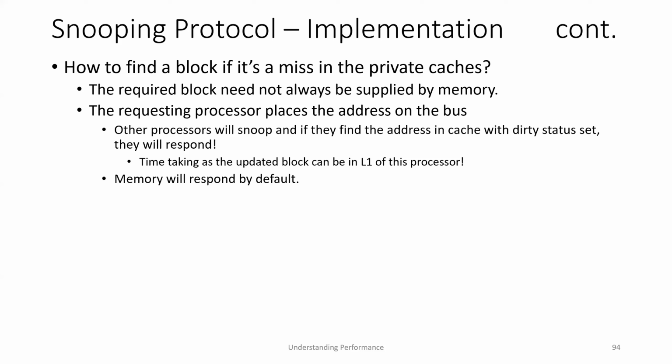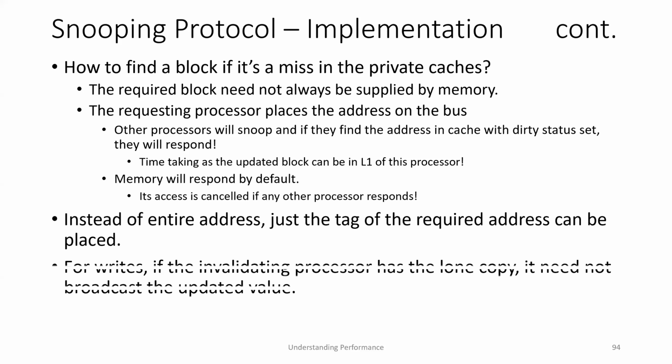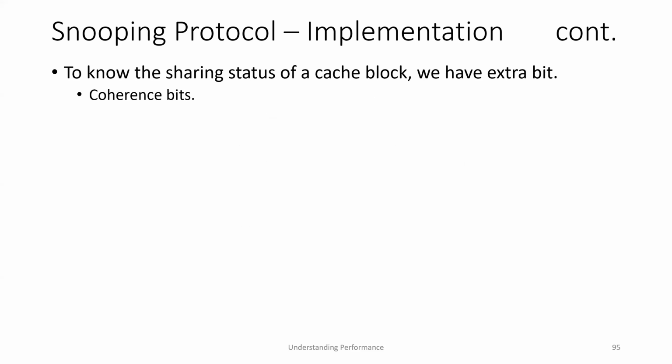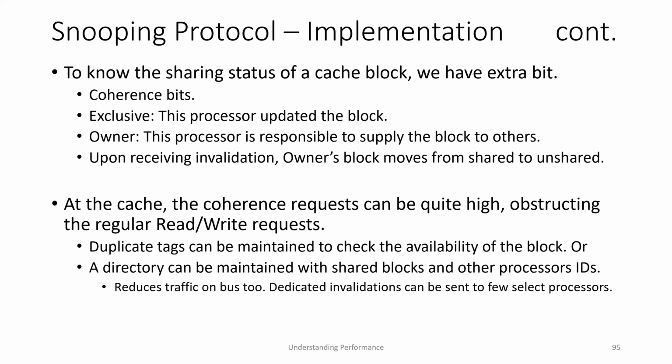If it is a hit, and if they have the local updated copy, then they will put the updated copy on the bus. That way the memory also will update, and the other processors which have this cache block will also be updated, right? And there are some, let me quickly go to the simple implementation.